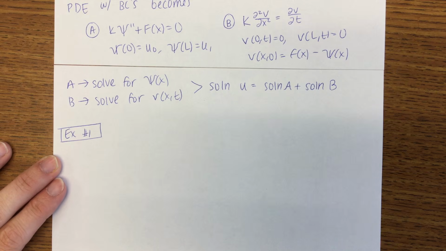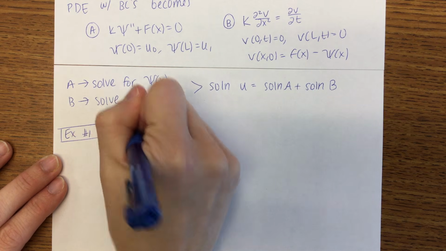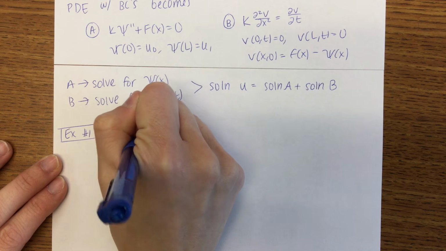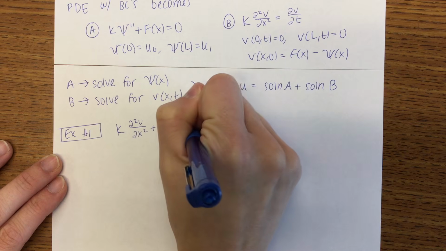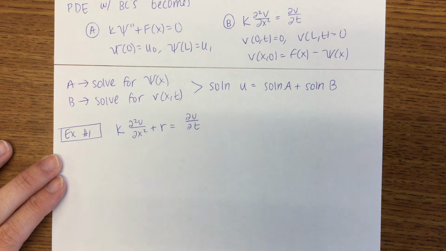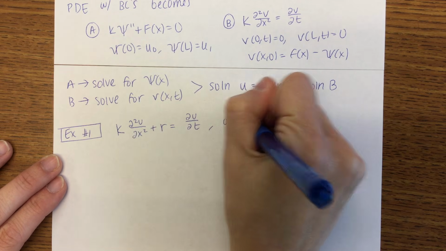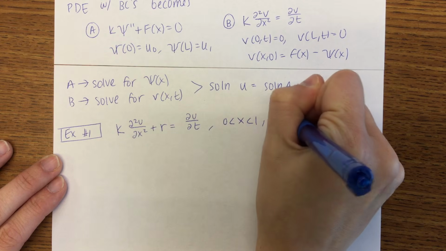So here's your example. K times the second partial of u with respect to x, add r, is equal to the partial of u with respect to t. x is between 0 and 1, and t is greater than 0.